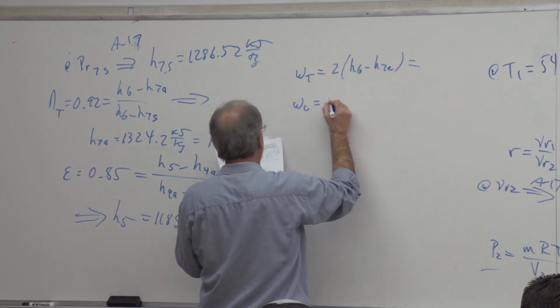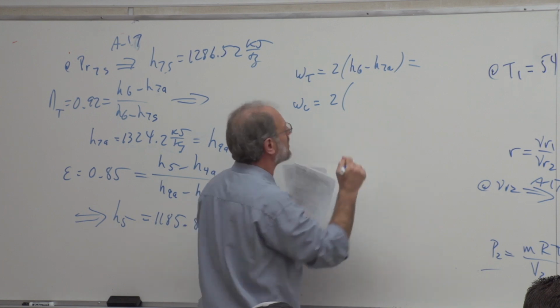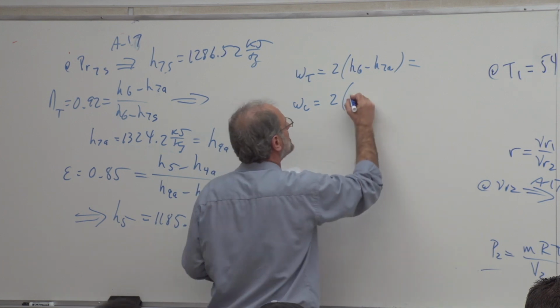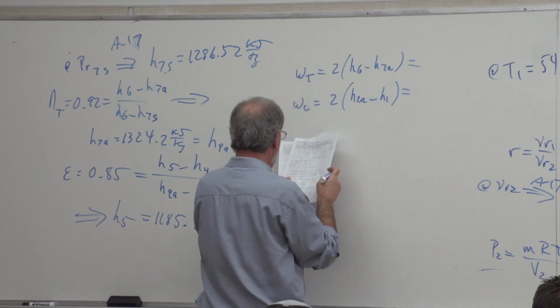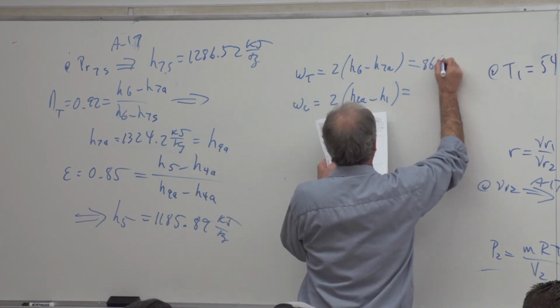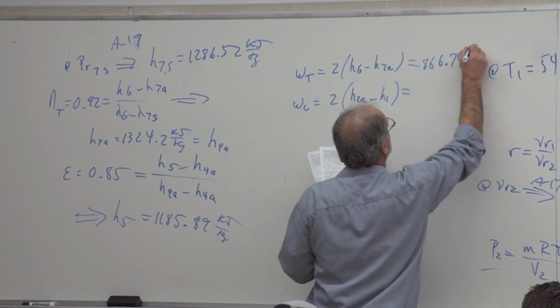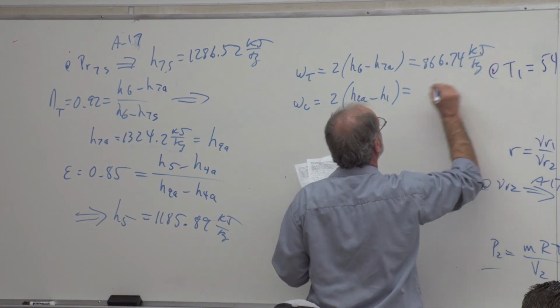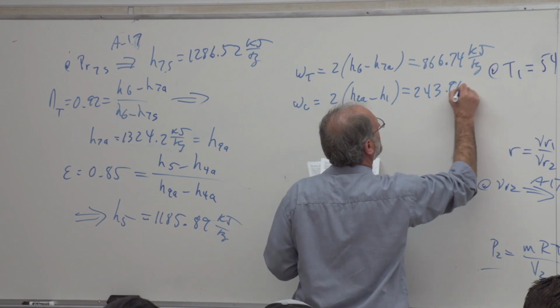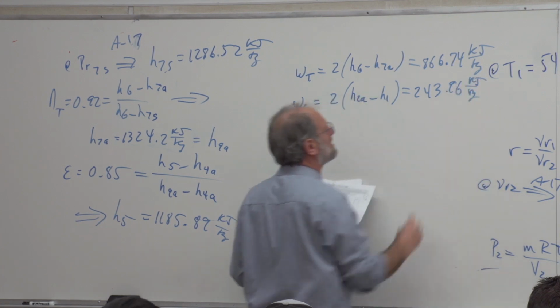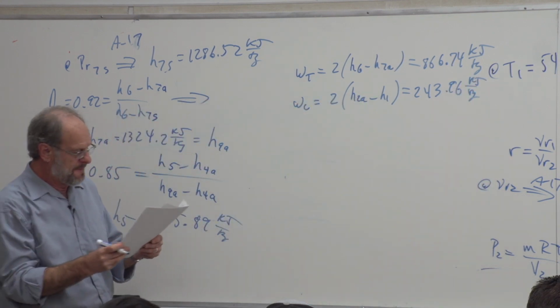And the compressor work is just twice the work due to the compression process from 1 to 2A, so H2A minus H1. So the turbine work is 866.74, and compressor work, 243.96, both in kilojoules per kilogram.